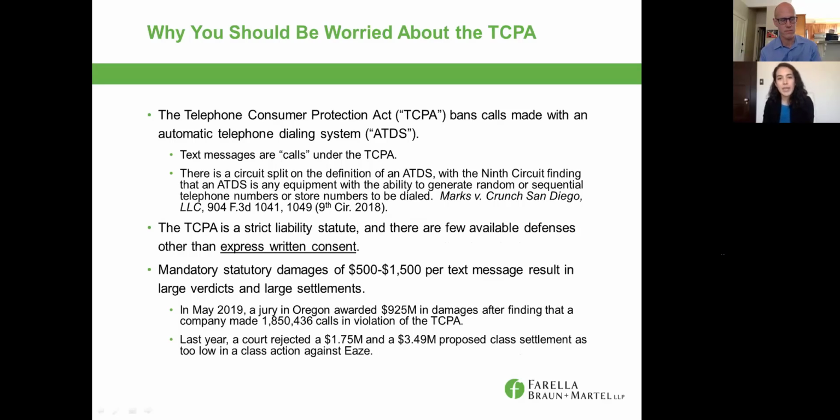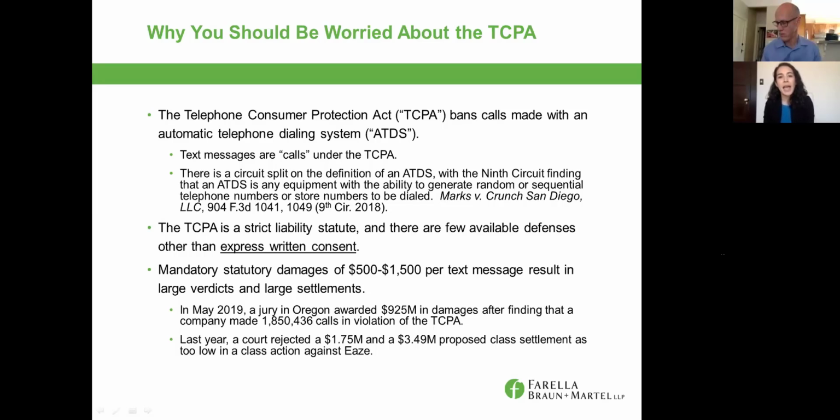So the TCPA, for those of you who aren't familiar with it, is the Telephone Consumer Protection Act. It was passed in 1991, and it bans calls made with an automatic telephone dialing system. Under the Act, text messages are calls, and there's currently a circuit split on the issue of what technology qualifies as an ATDS.